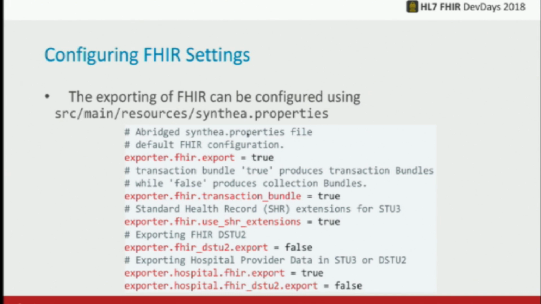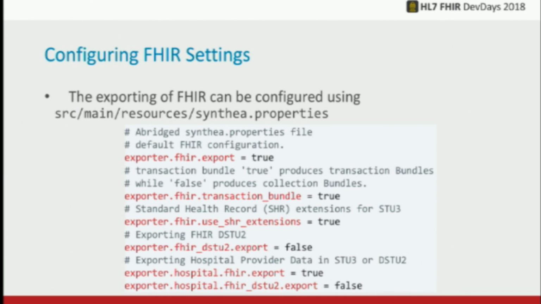By the way, this is an abridged properties file. If you look at the properties, there's a whole bunch of stuff in there you can mess with. But there's a new parameter in here for transaction bundle. That's set to true, which is the default. It produces a transaction bundle. And if it's set to false, it produces what's called a collection bundle. So if you're really into figuring out the different types of bundles, there's actually two different types.